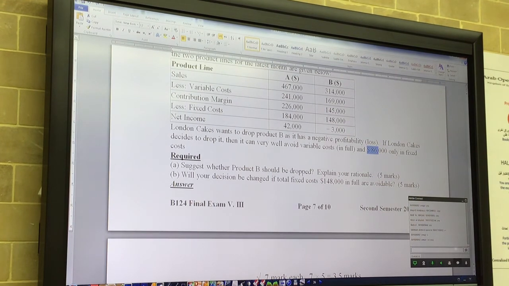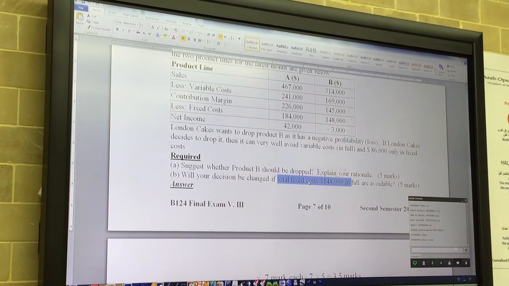We have the first suggestion: if we avoid just only 86,000 from the fixed cost, and second he told you what is the decision if we avoid all fixed cost. So at first you will work just with the fixed cost. He will avoid only 86,000, and next you will answer again when he avoids all fixed cost.